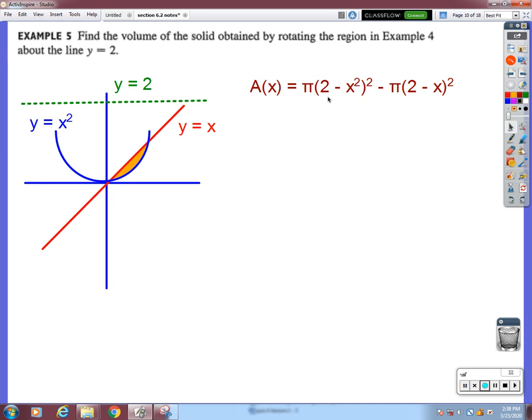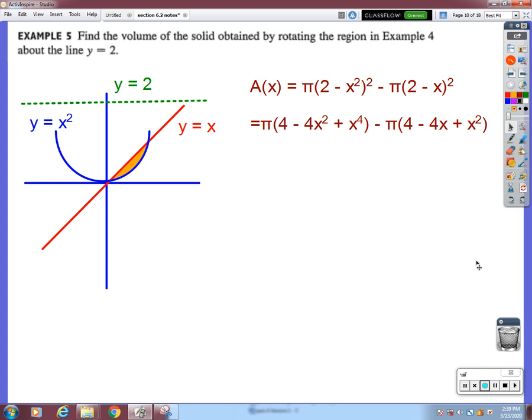But just to stay conceptually accurate, we're going the top curve minus the bottom curve, so 2 minus x squared, this minus this, and then we're revolving that around here, so that makes it a circle. That's why it's pi times this squared, minus pi times, again, the top curve minus the closer curve, x squared. So this is what the cross sections of this would look like, okay?